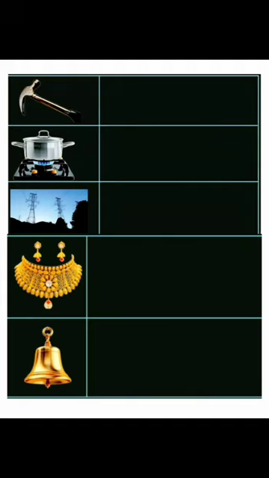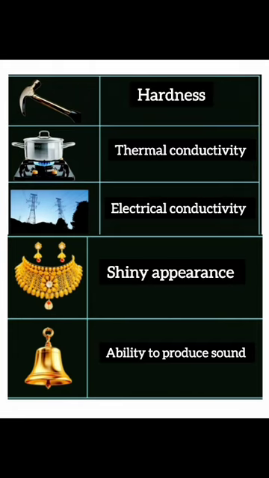Now let's discuss the properties. The first picture shows the hammer, right? The hammer is used for its hardness. The second picture shows the utensil. The utensil has the property of thermal conductivity, and the third picture, the electric post, has the property of electrical conductivity.